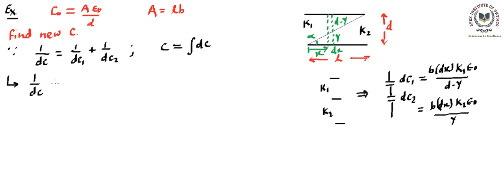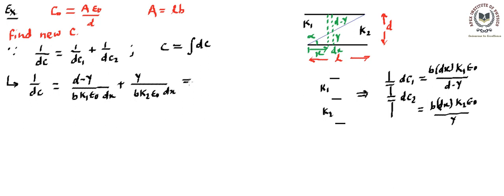So 1 upon dC is going to be equal to 1 upon dC1. Let's place the 1 upon dC1, which is going to be d minus y in the upside. In the downside we will be having b k1 epsilon naught into dx, plus 1 upon dC2, which is y divided by b k2 epsilon naught into dx.